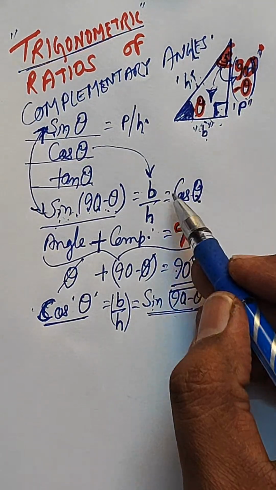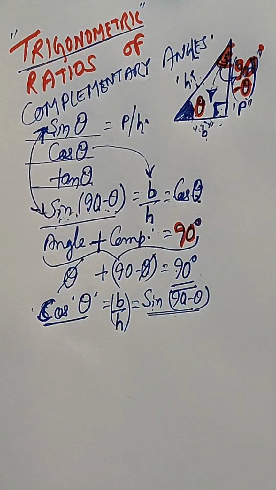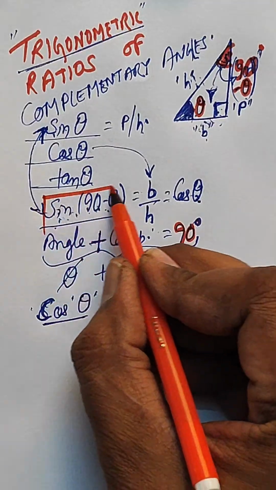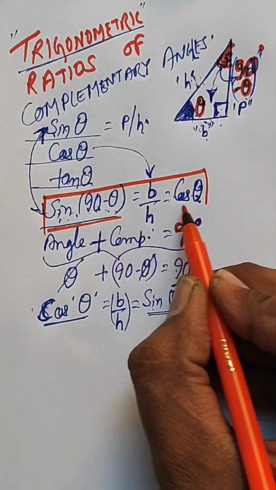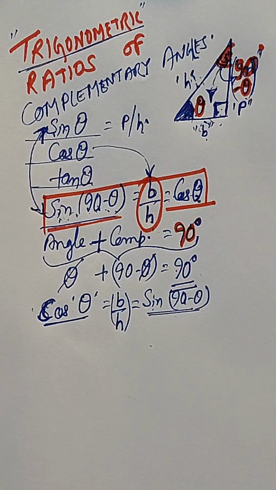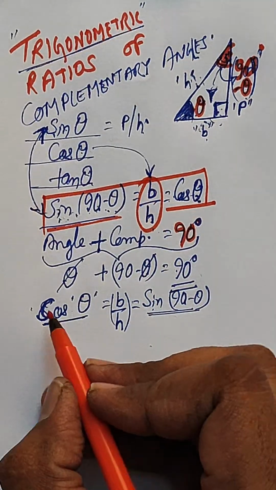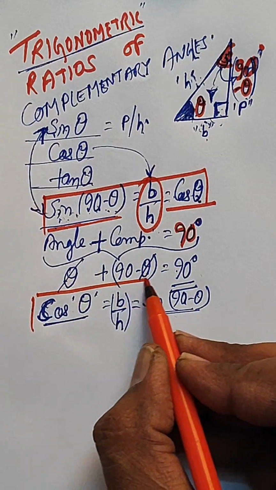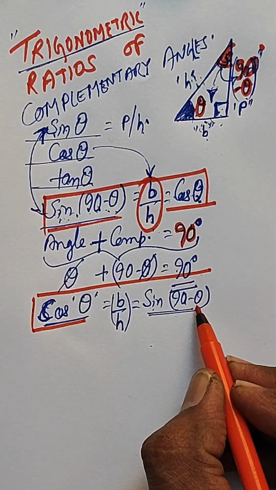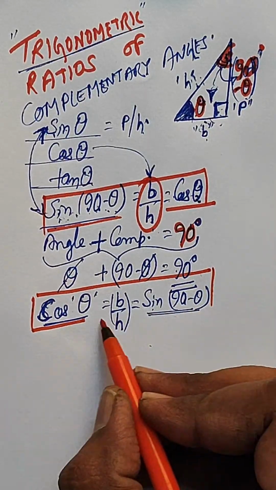So we can say that sine 90 minus theta is cos theta, because this value is equal to b by h.